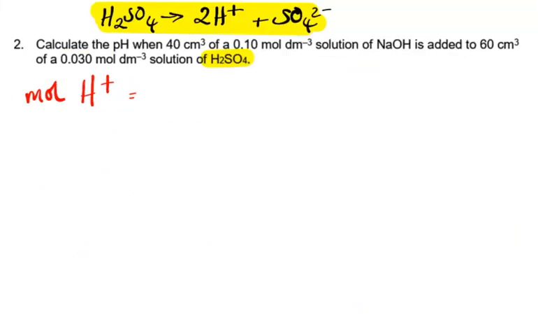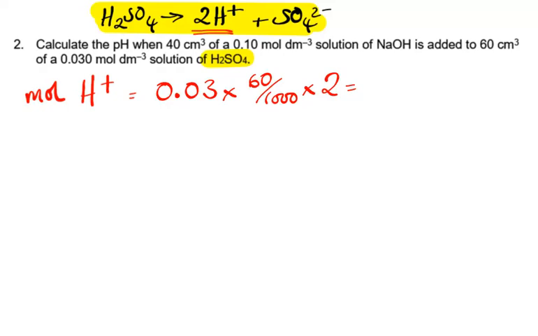Very similar example. This time we've got sulfuric acid, and at the top there I've just reminded us that when sulfuric acid dissociates in solution, just need to be careful, we get 2 hydrogen ions from each mole of sulfuric acid. So when we're working out the moles of hydrogen ions, we need to do the concentration times the volume, but now times by 2.